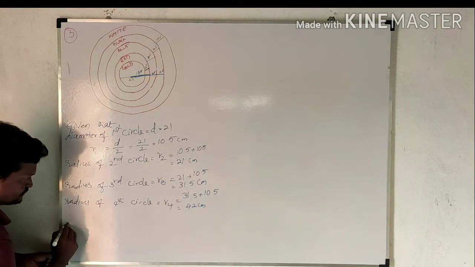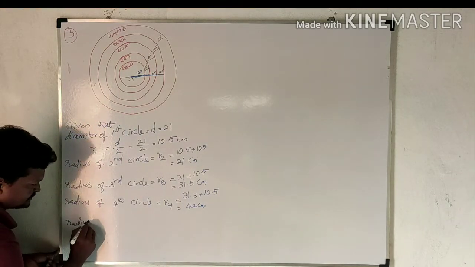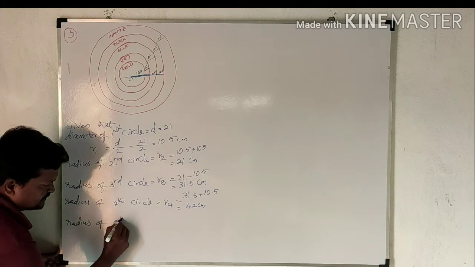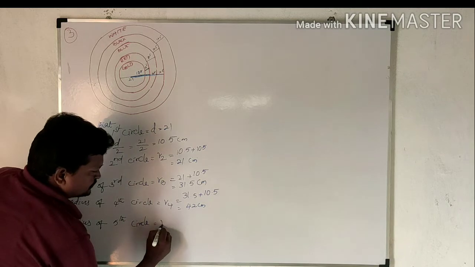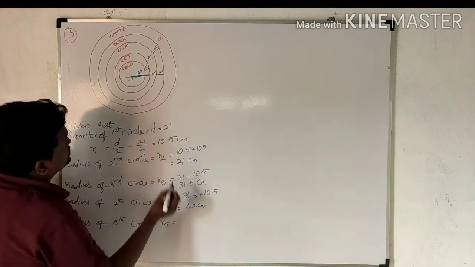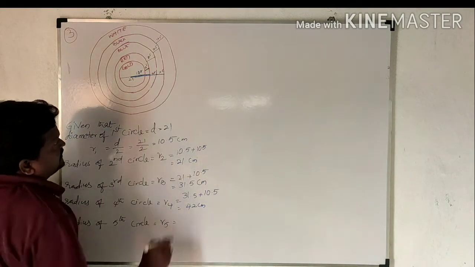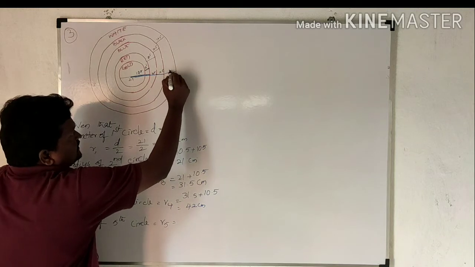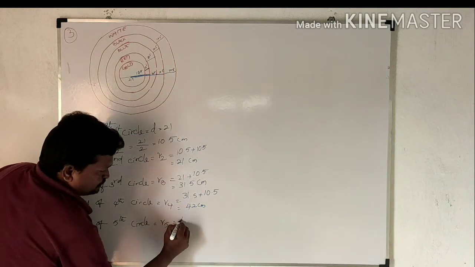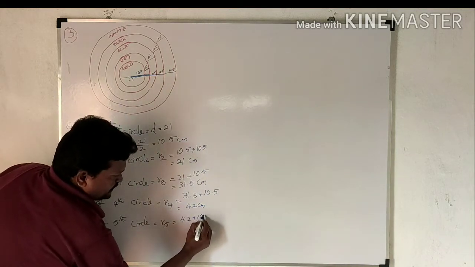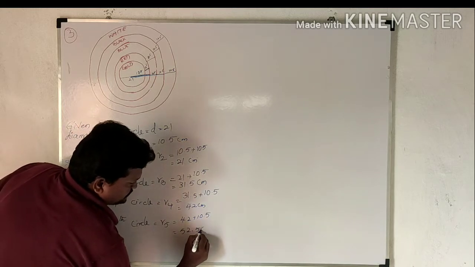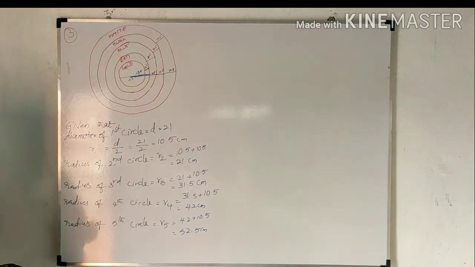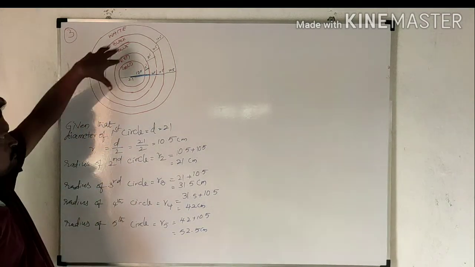Now the radius of the fifth circle, R5, is 42 from here plus this width 10.5. So 42 plus 10.5 is equal to 52.5 centimeters. These are the radii of all the circles.